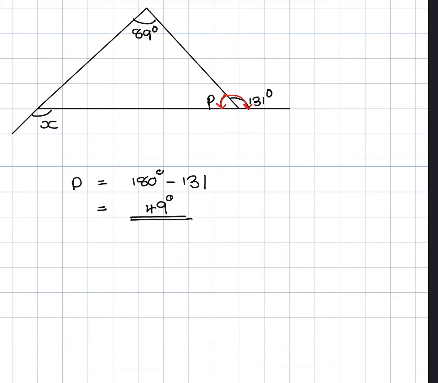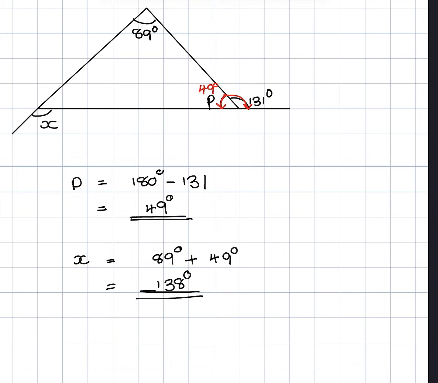Good. Now that we know p is 49 degrees, to find x we use the theorem that x is equal to the sum of the two opposite interior angles, which is 89 degrees plus 49 degrees. 89 plus 49 is 138 degrees.